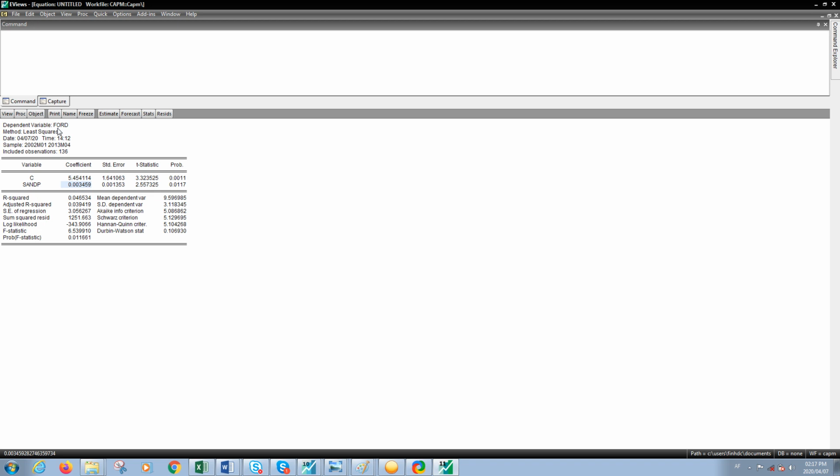So you can see that it's a fairly weak effect, right? And just by the way, the interpretation is always a 1 unit increase. If it's dollars, it's a $1 increase. If it's rands, it's a 1 rand increase when it comes to our explanatory variable. Important to remember this.